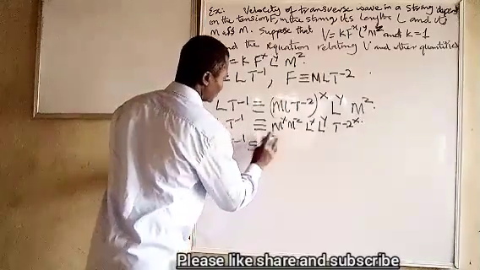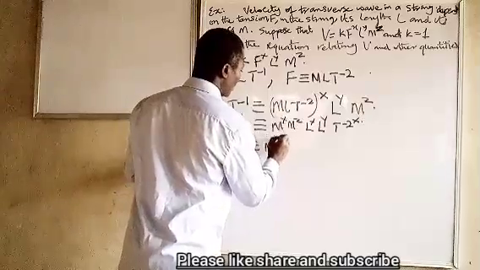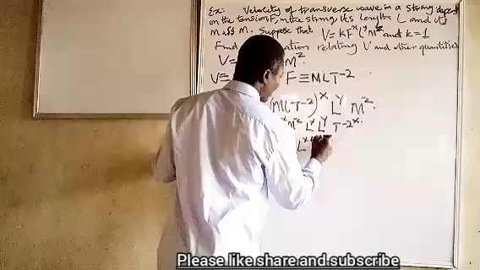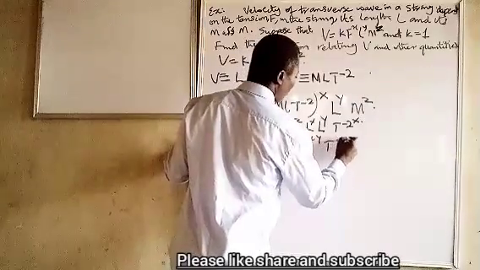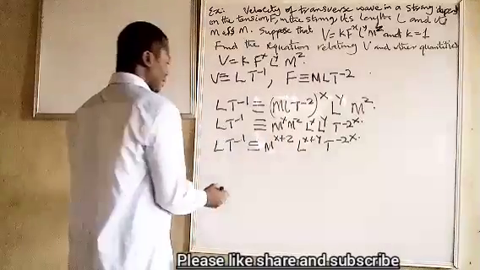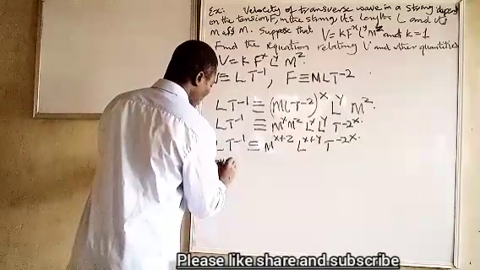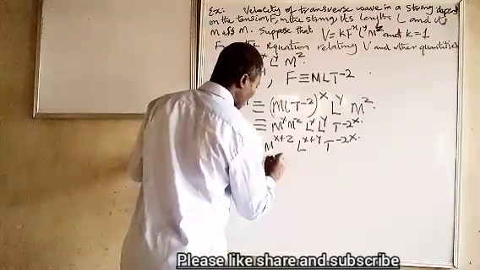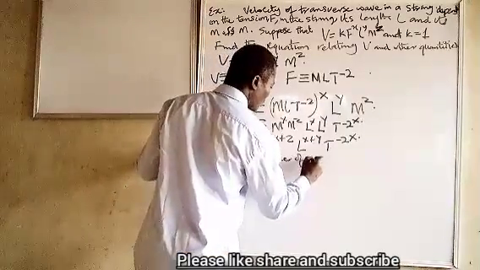You can see it is M to the X plus Z, L to the X plus Y, T to the minus 2X. Now let's equate the powers of the quantities.